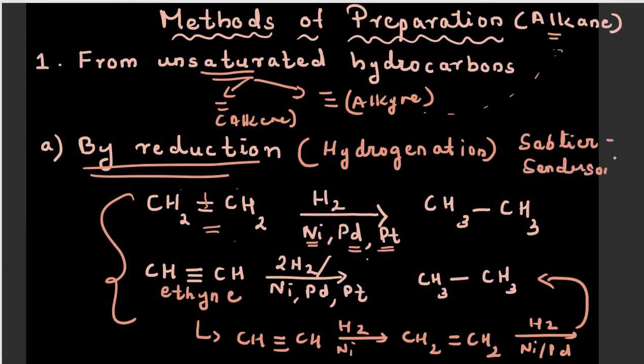One more thing that you have to remember is, when we are using nickel as a catalyst, the reaction takes place at a very high temperature, approximately 520 to 600 Kelvin. Whereas in the presence of catalyst palladium and platinum, the reaction takes place at room temperature.